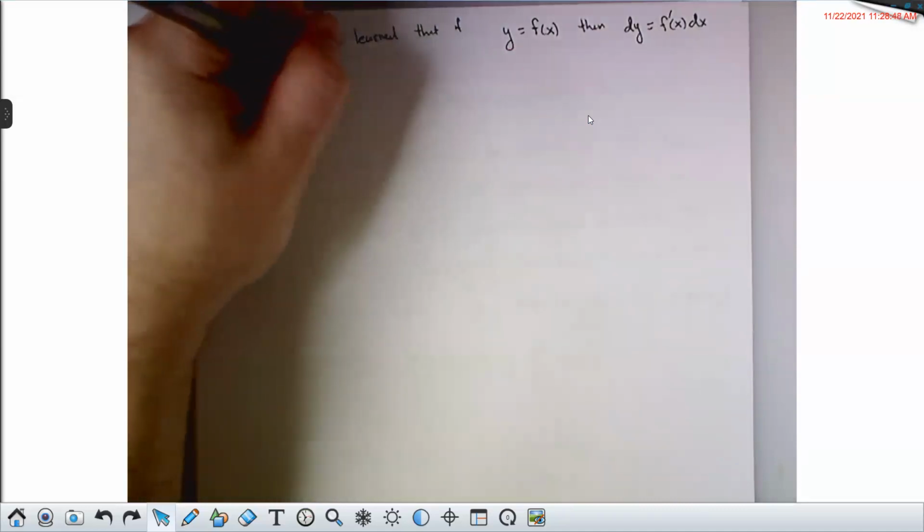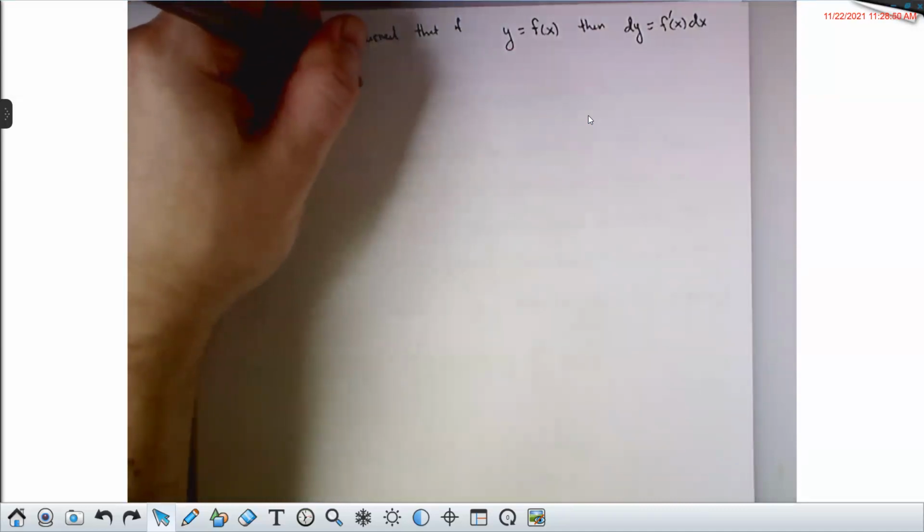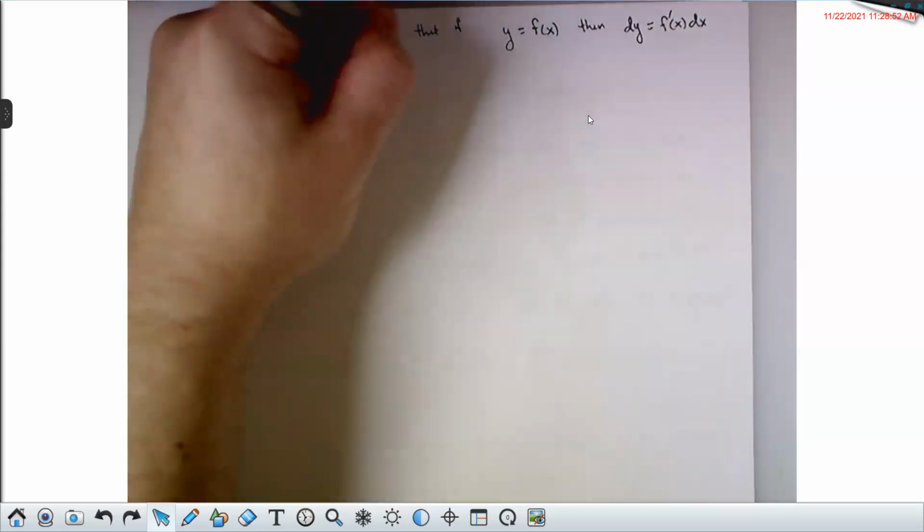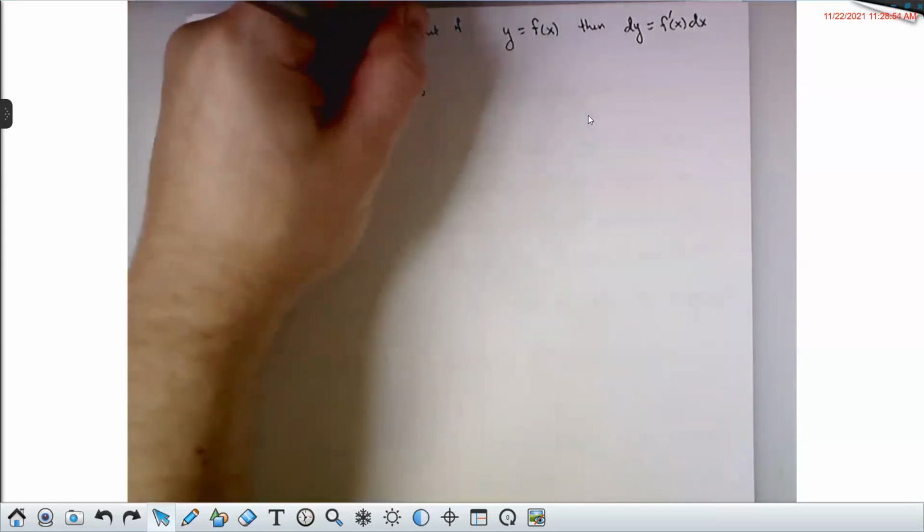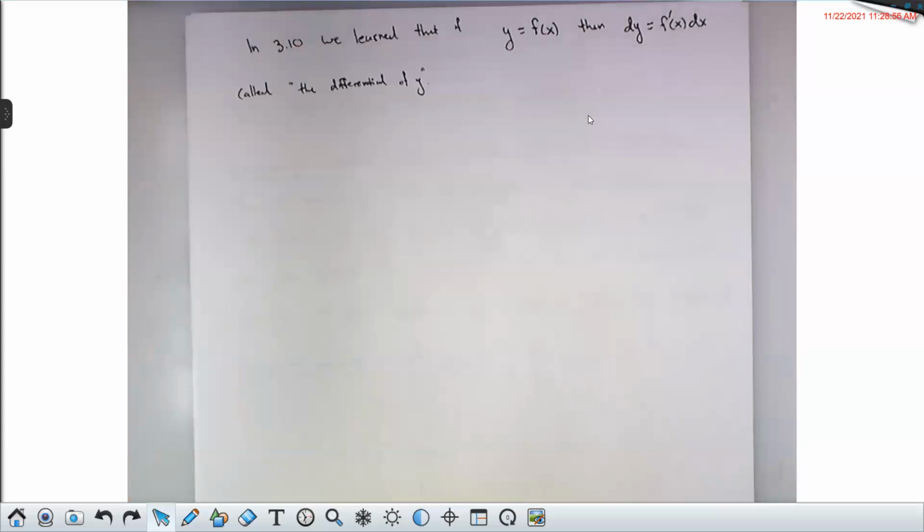The differential of y. And the way to think of this is that this tells you how y is changing compared to how x is changing. If x goes up by a tiny little bit, then y will go up by f prime times dx.